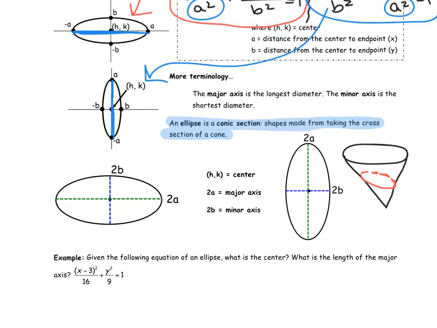I can draw another ellipse here, being part of the cross-sectional area of a cone. All right, so that's where all of these conic sections are coming from. We talked about the parabola, we talked about a circle, because this would be the circle, the cross-sectional area of a circular cone. Now we're talking about the ellipse, which these would be the cross-sectional areas.